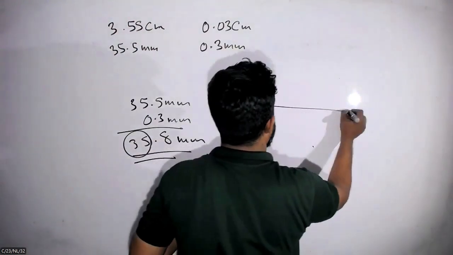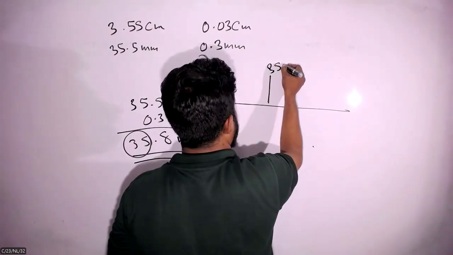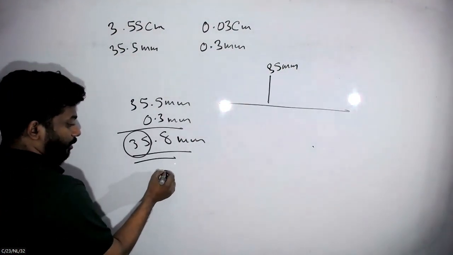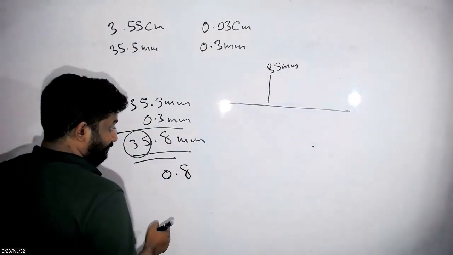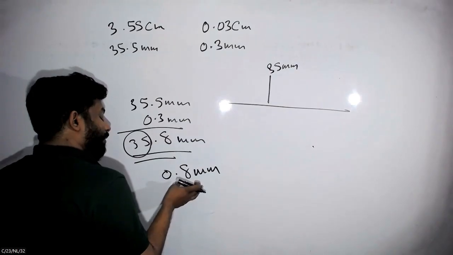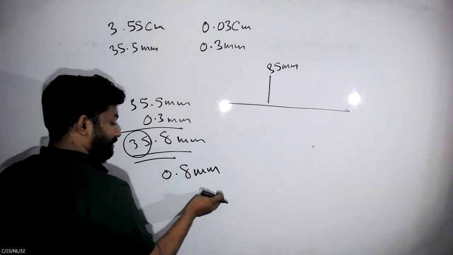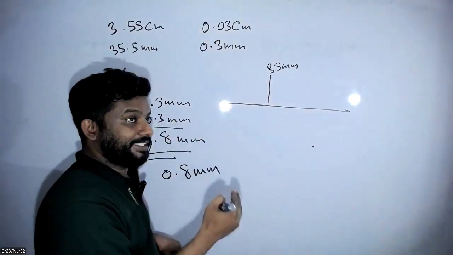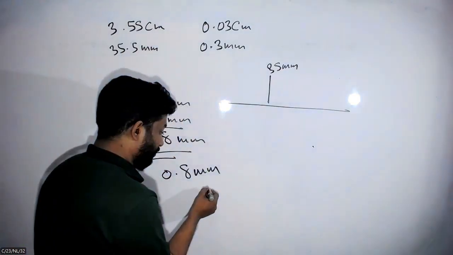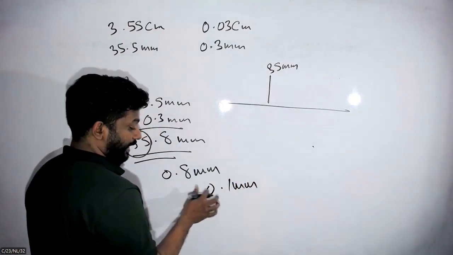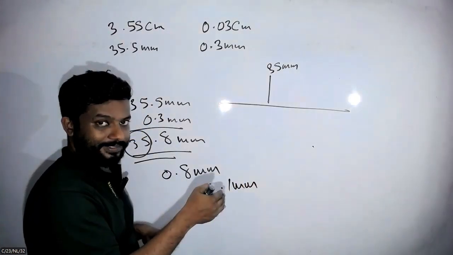This length you can obtain by using the main scale. Main scale reading is 35 millimeter. By using the vernier scale you will obtain 0.8 millimeter. The least count of the vernier scale is 0.01 millimeter, that's why there is a decimal point here.